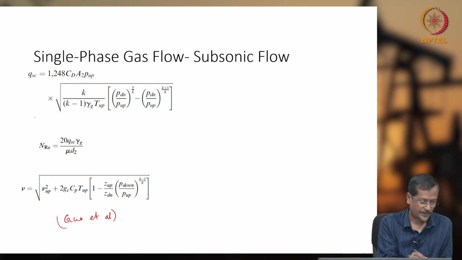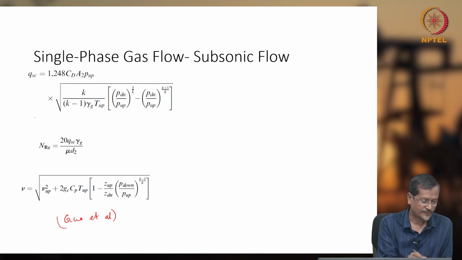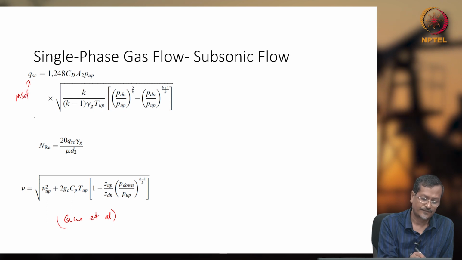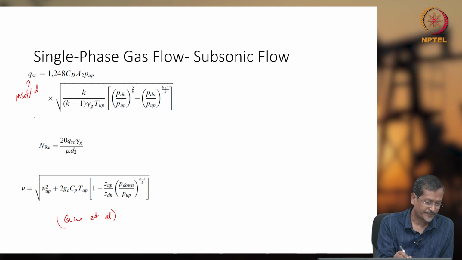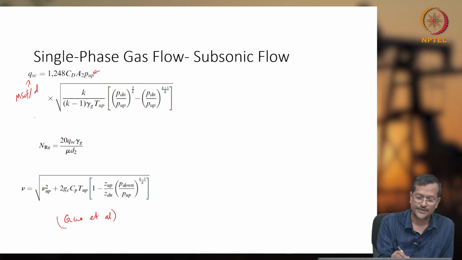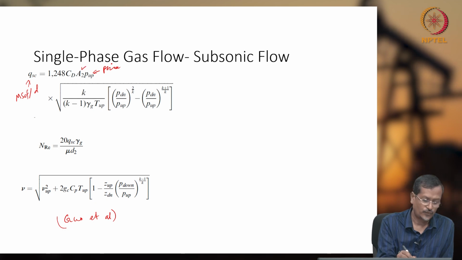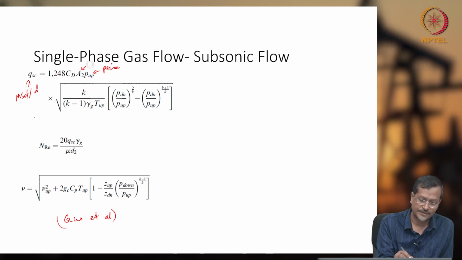Q sc is the gas flow rate in MSCF per day, and P up is the upstream pressure in the choke, in PSIA, and A2 is the cross sectional area of the choke, in inch square.